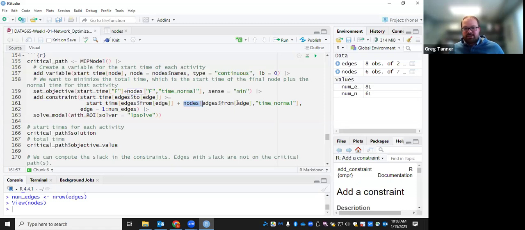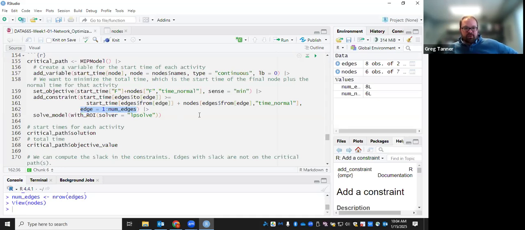So this is sort of taking the normal time plus the start time of the previous activity, which has to finish before the next activity can start. Okay. And we get one constraint for each edge in the network.